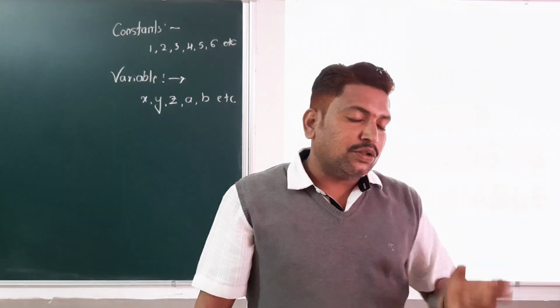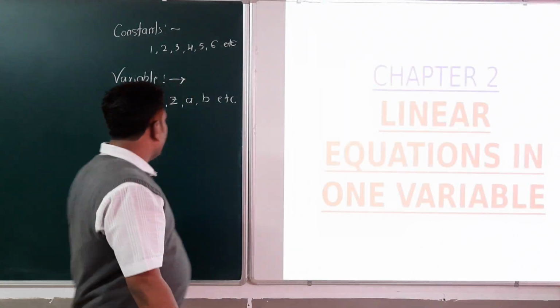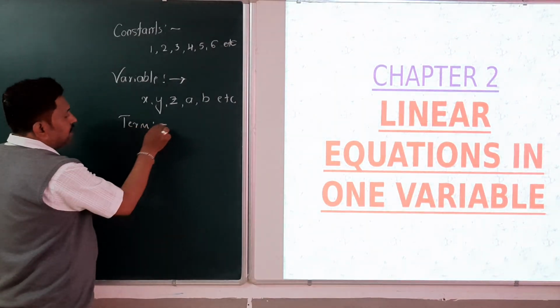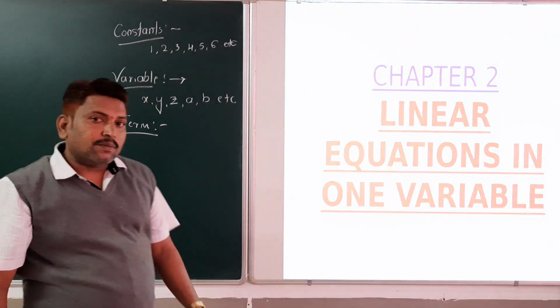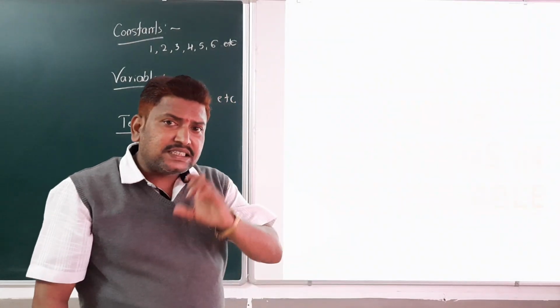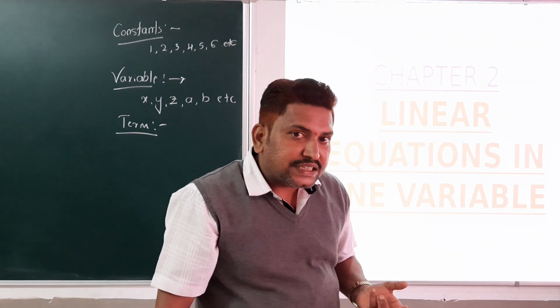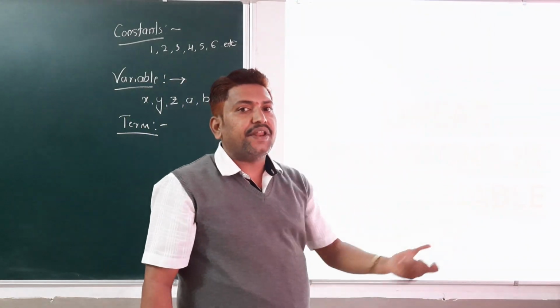Coming to the next point, the terms. What are terms? This is also very important. A term is a variable or a constant or a combination of constants and variables.